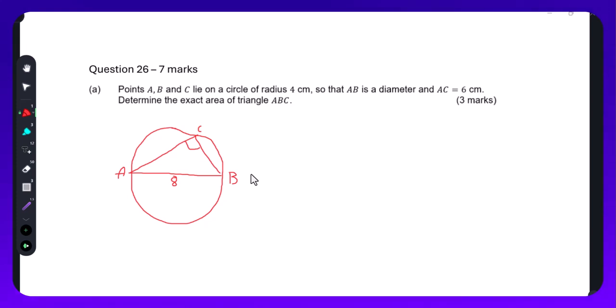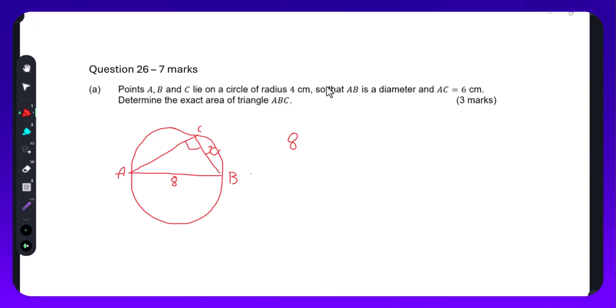We'll just call this one over here a length of x. You're going to have 8 squared. Well, actually, exact area of the triangle. So I will have to continue getting this base.